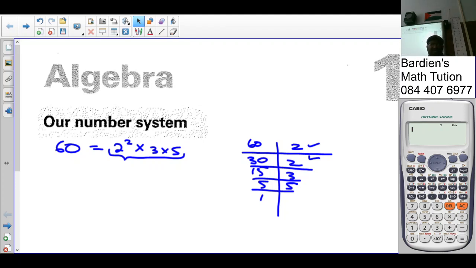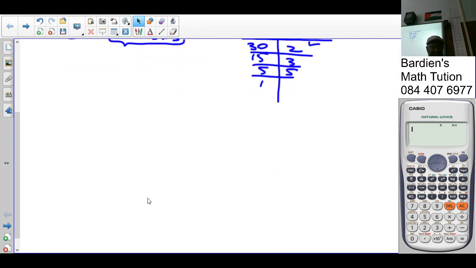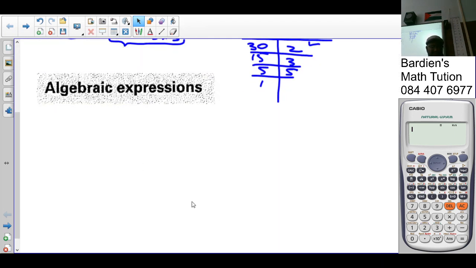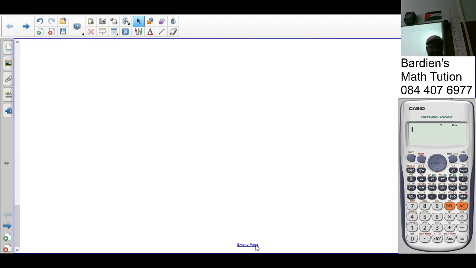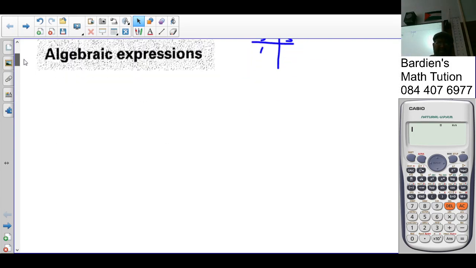So now we're looking at algebraic expressions. We spoke about this in grade 8 and 9 as well. We spoke about monomials. Who can remember what a monomial is?